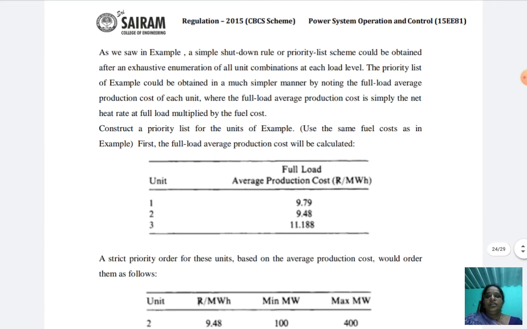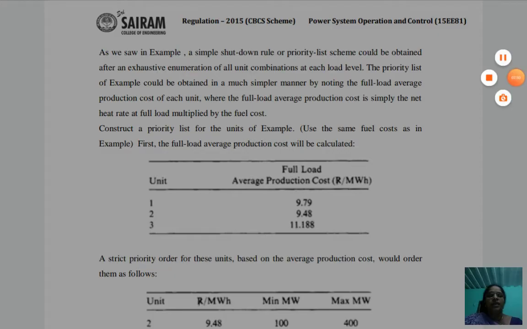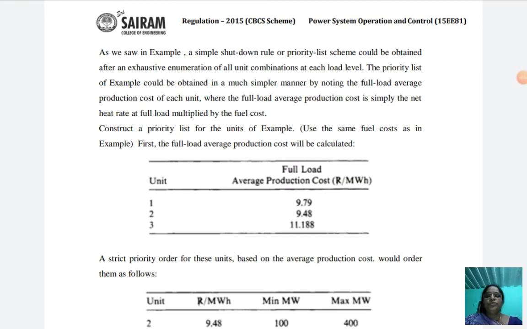Now we have the tabular column for units 1 to 3, and we calculate the average production cost. By using that formula, for unit 1 the full load average production cost is 9.79, for unit 2 it is 9.48, and for unit 3 it is 11.188.